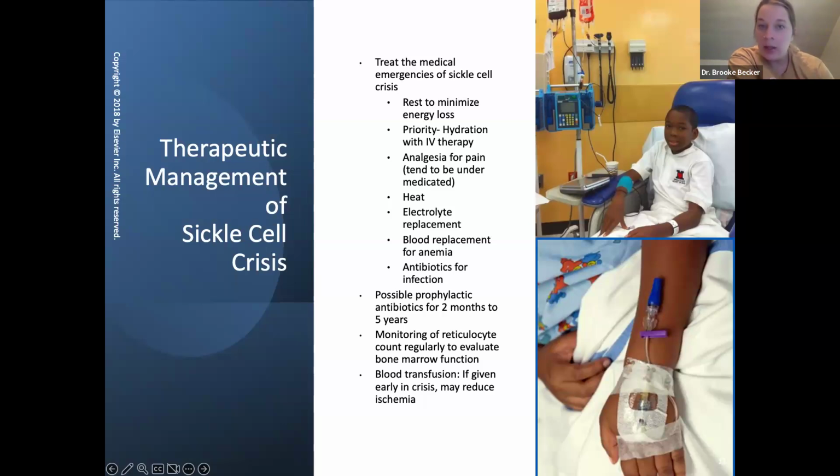Heat can help. Replacing any electrolytes goes along with the dehydration piece. Managing their infections, so giving them IV antibiotics. And then giving them blood transfusions if they're extremely anemic. That's a fine line though, because you don't want to add too much blood volume and increase their risk of obstructions further.